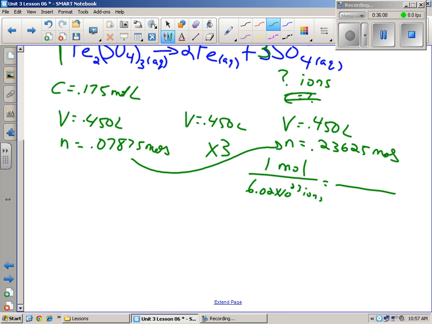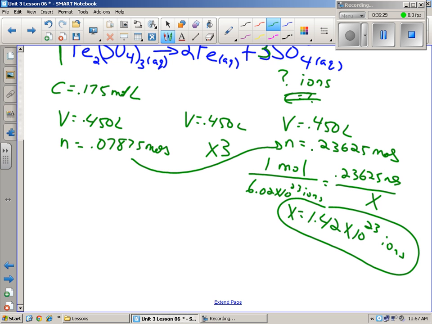Well, 0.23625 moles would be about, final answer, 1.42 times 10 to the 23 ions. That's how many ions I'd actually have. So you'd have to sit down and count those all up, but that's how many sulfate ions you'd expect to see there. Okay?